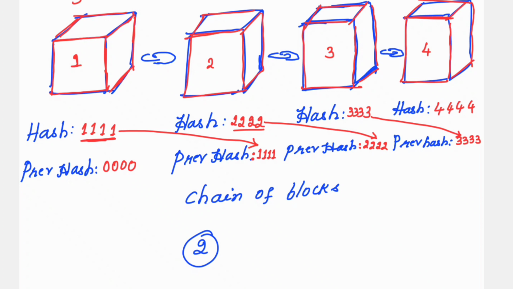Instead of the earlier 222, let me assume a new hash got generated, I'm writing it here as ABCD. Now what will happen? This hash will act as the value for what? The previous hash of block 3. But the previous hash of block 3 is storing 222, whereas the block 2 hash is ABCD. So this is not matching at all.